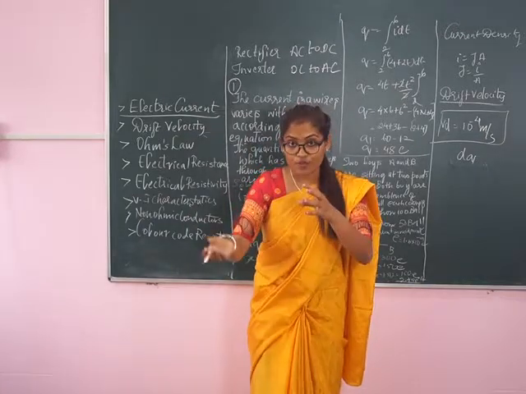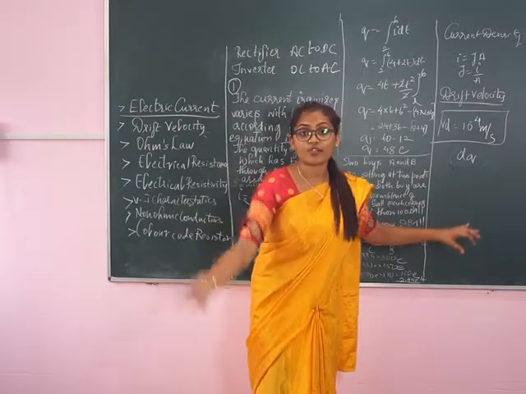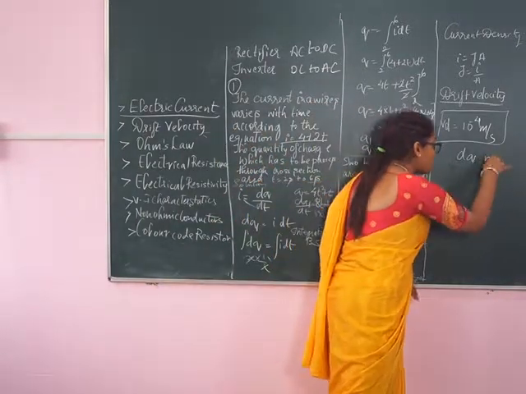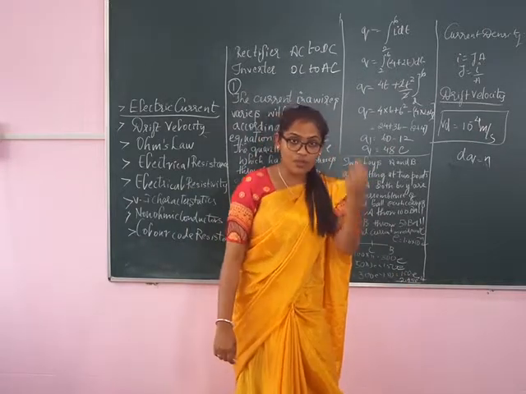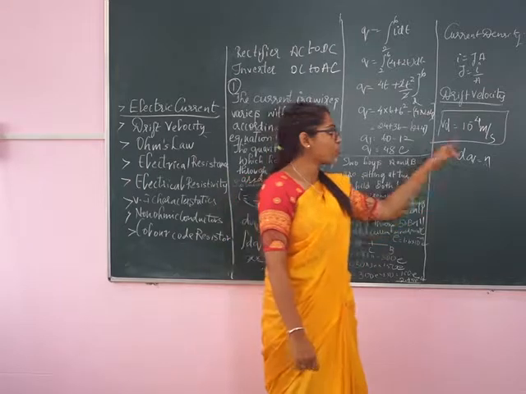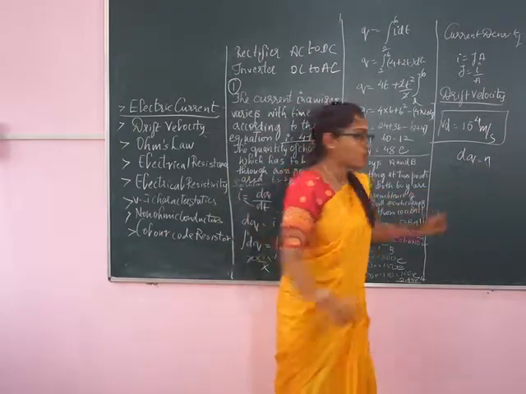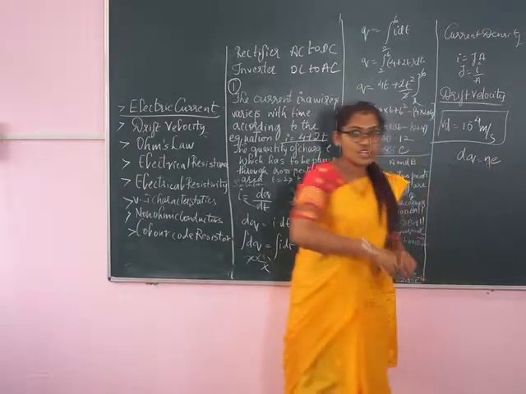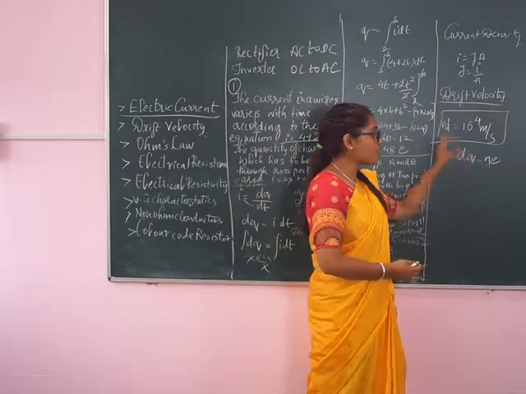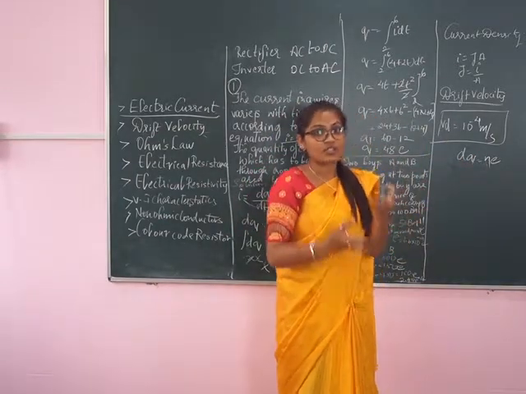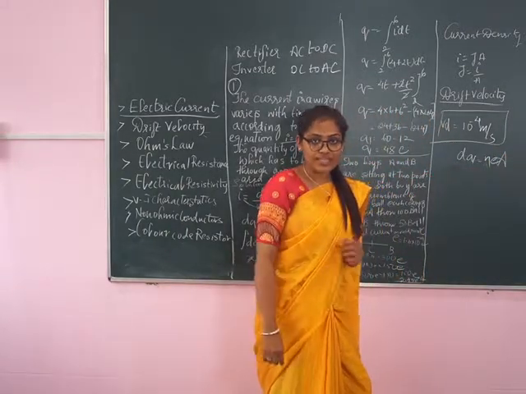Similarly, here I consider n number of electrons per unit volume, so n is the number of electrons per unit volume. And dq is with respect to the cross-sectional area A, so I consider the number of electrons in that particular cross-sectional area.